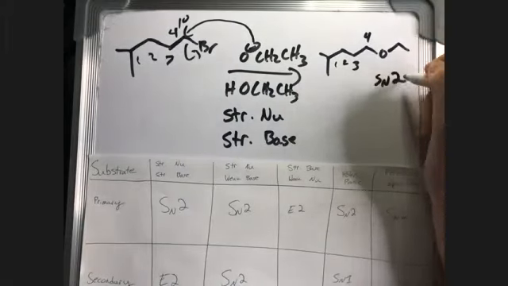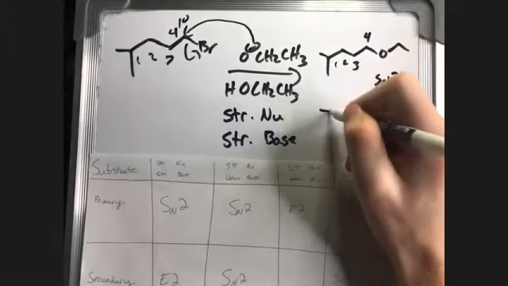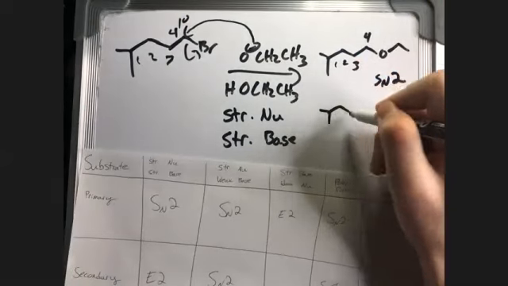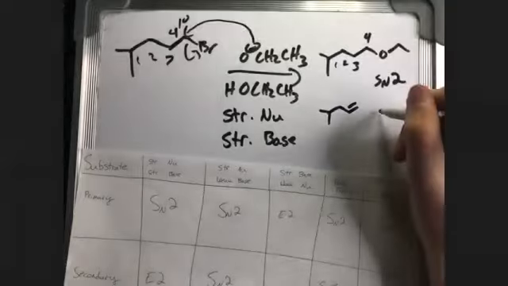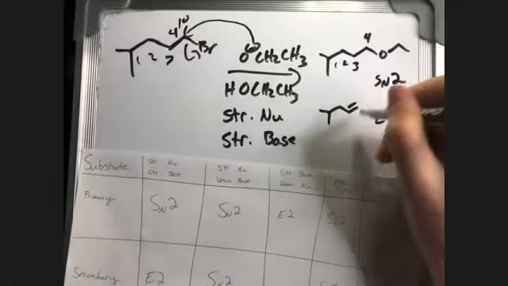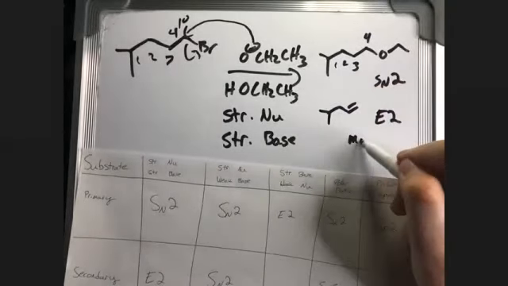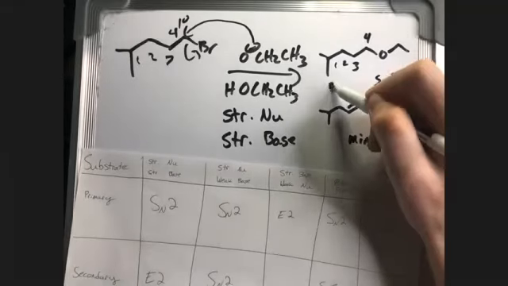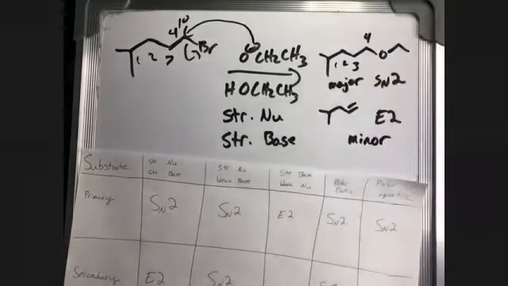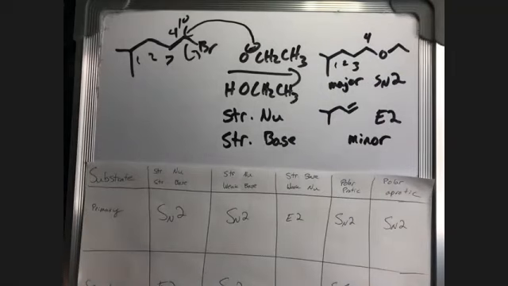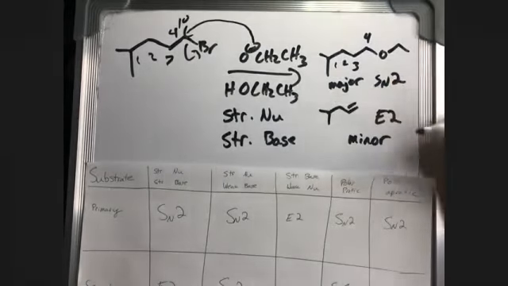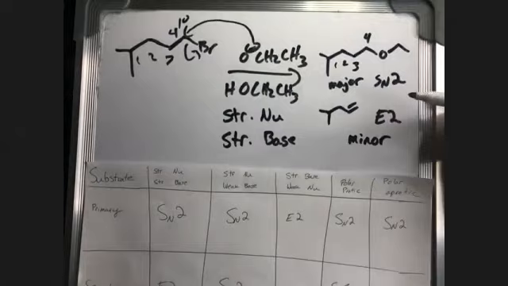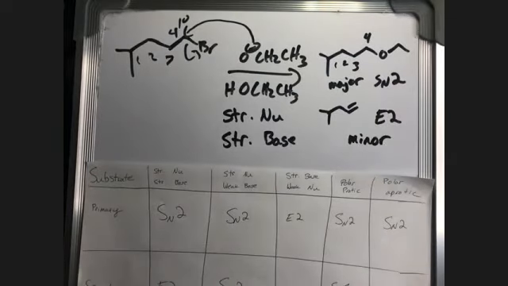And again, in this case, you would get a minor byproduct of the E2. But again, depending on the question, you may or may not need to include that. This would be the E2 product, which is minor. Here's your major SN2. So if you wanted to do this reaction in the lab, you would try to optimize it such that you would get the smallest amount possible of the E2, which could be dictated by solvent effects or reaction parameters.